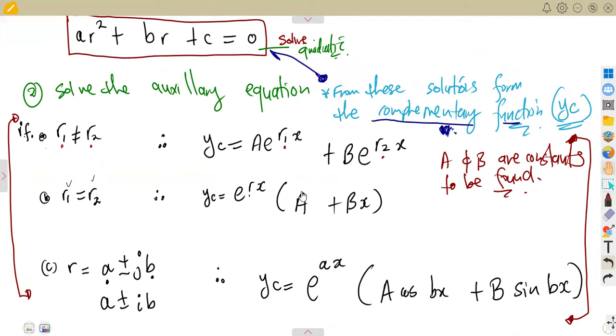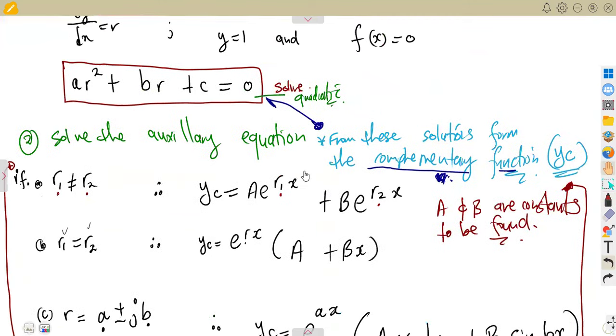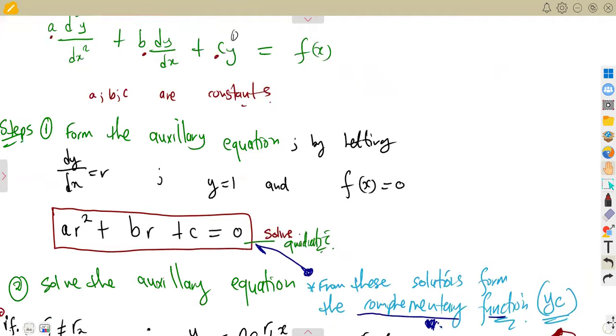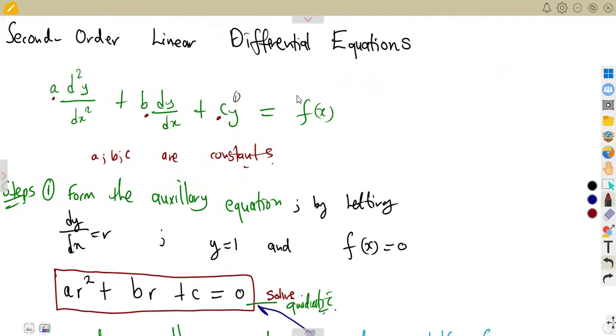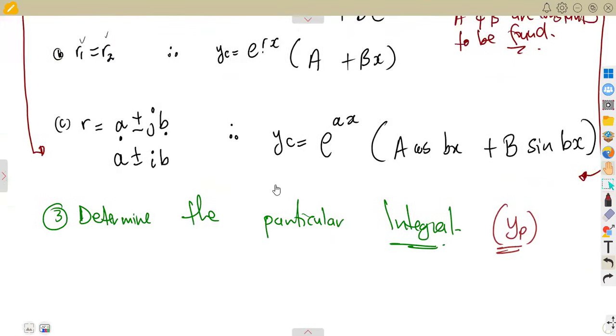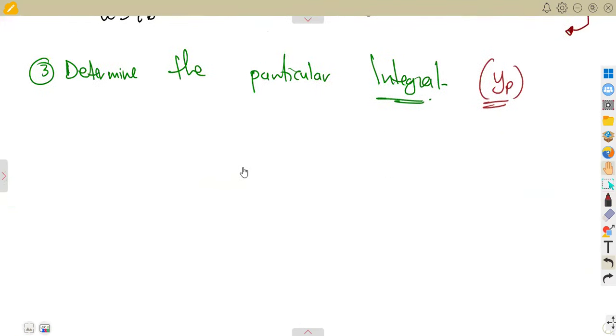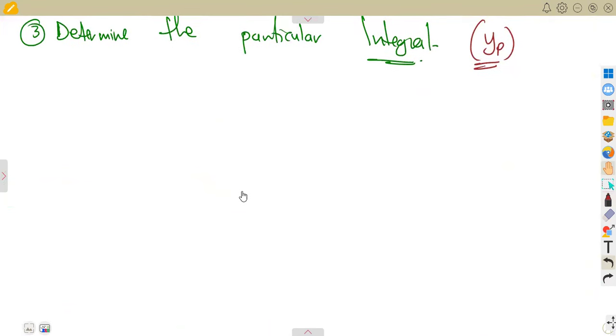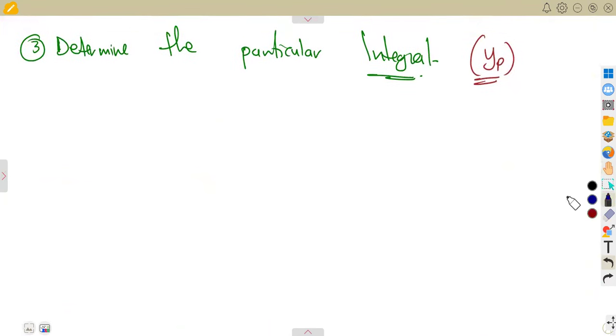This time, the particular integral is controlled by the f of x from the original equation. It is the one that determines or controls this particular integral.